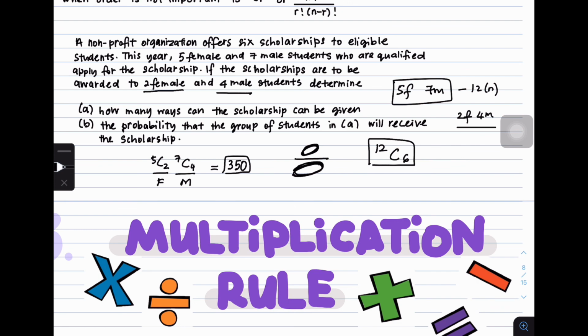So from 12, okay, kita nak choose 6. Okay, so from 12 we choose 6 is 924 ways. Okay, daripada 12 kita nak choose 6 ada 924 cara. Dan untuk event A, we only want to choose 2 female and 4 male. So, it will be 350 bahagi dengan 924. This one is the probability.